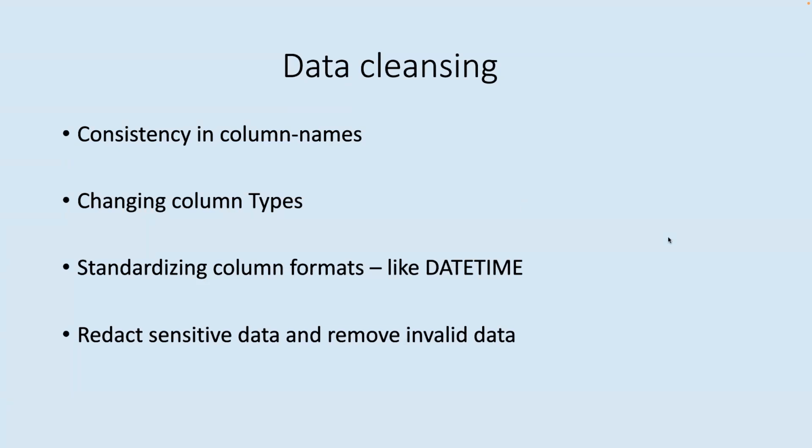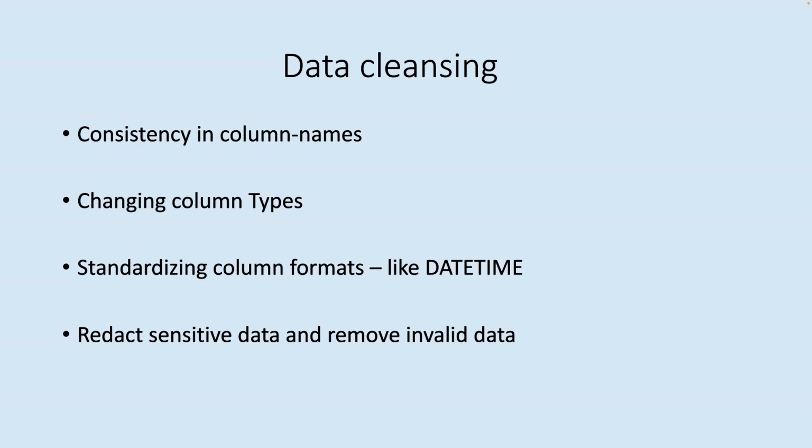So yeah, and then we get into data cleansing. When you're bringing data from different sources, there might be different sources bringing similar types of data, and you might need to change column names, right? You might have to change the column types so they work efficiently with the transformed data. And because they come from different systems, the date time or any type of column might be written in a different format.